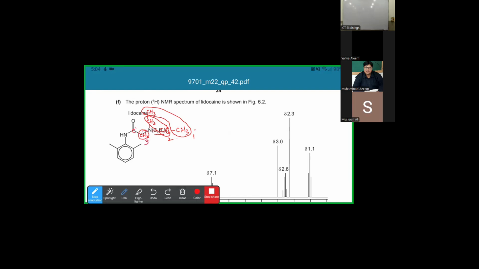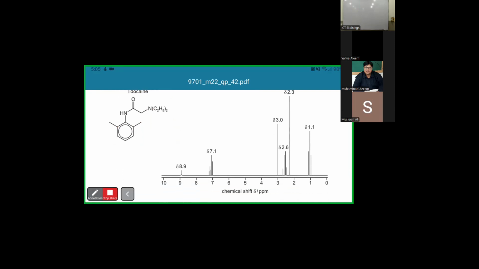This carbon is present in the fourth environment. This carbon is present in the fifth environment. And these carbons are present in the same environment, so this is 6. These carbons are present in the same environment, so this is 7. These carbons are present in the same environment 8. And this carbon is present in a separate environment 9. So this one is going to form 9 peaks.